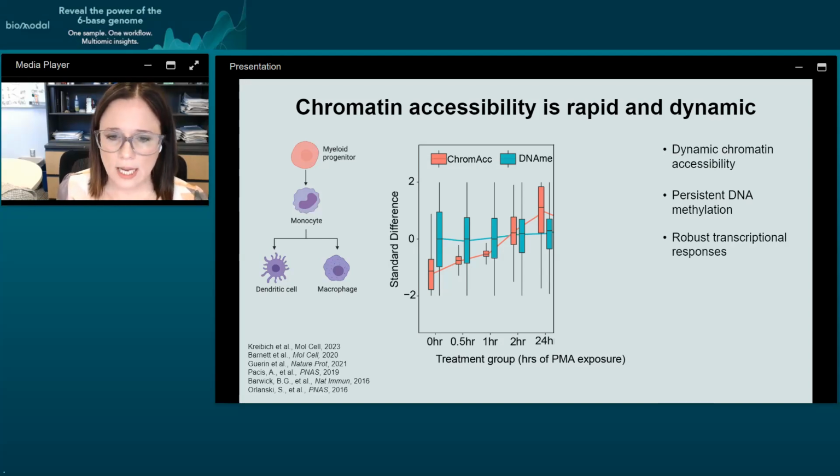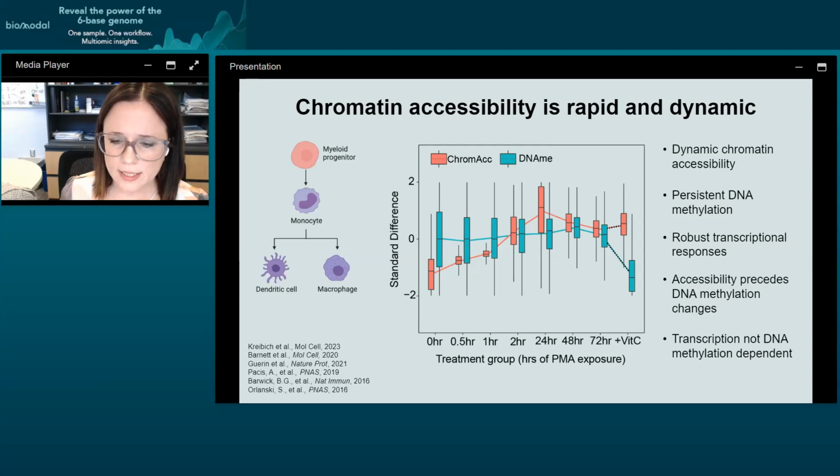When we also looked at RNA-seq data from the same cells and the same time points, what we observed is that RNA and transcription follows along very well with chromatin accessibility changes. So regions that are associated with different genes are experiencing the same type of dynamic transcriptional responses.